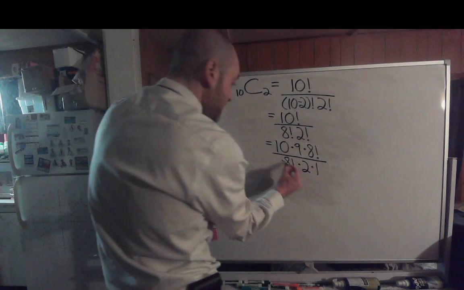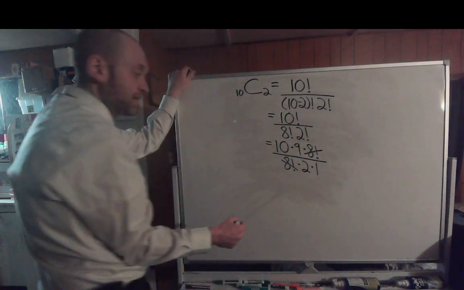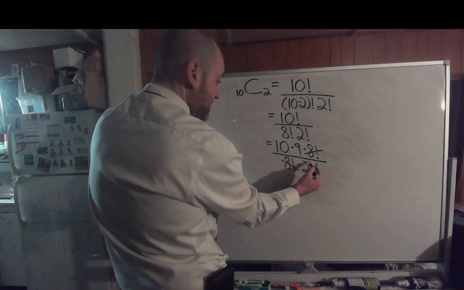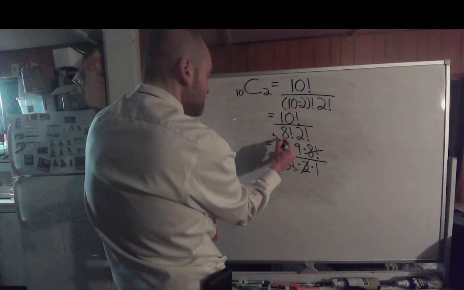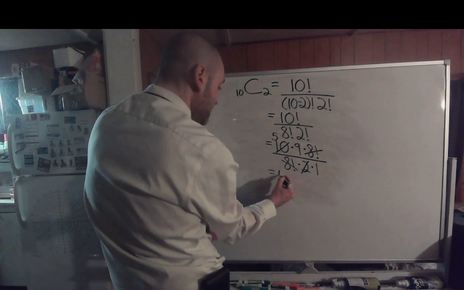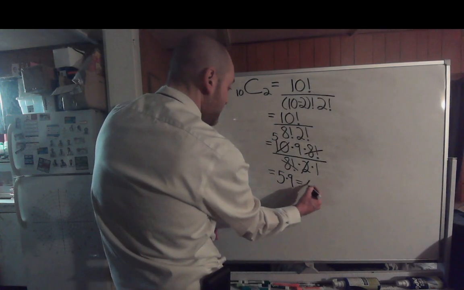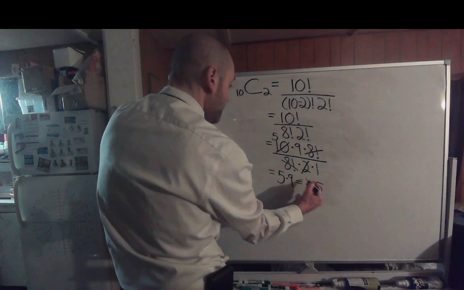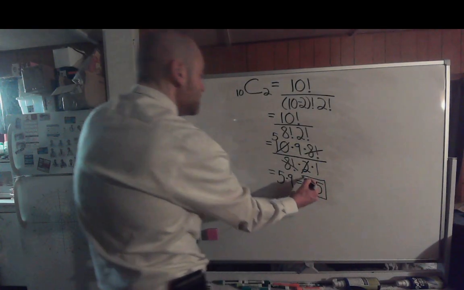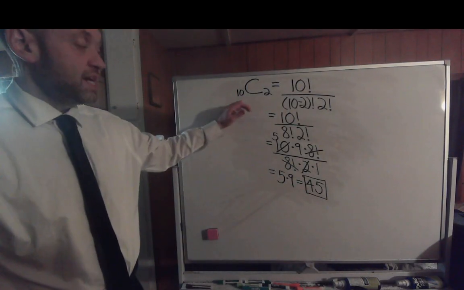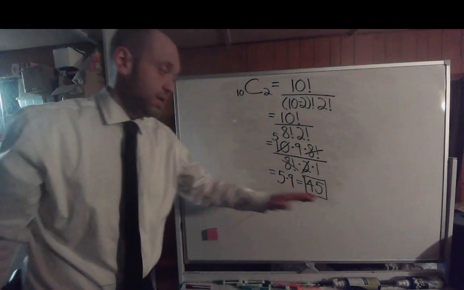Well, your 8 factorials are gone, so this makes it a little more bearable. And then 2 goes into 10 5 times. So this will literally become a simple 5 times 9, which we know is 45. So there are 45 possible combinations for 10 items taken 2 at a time.